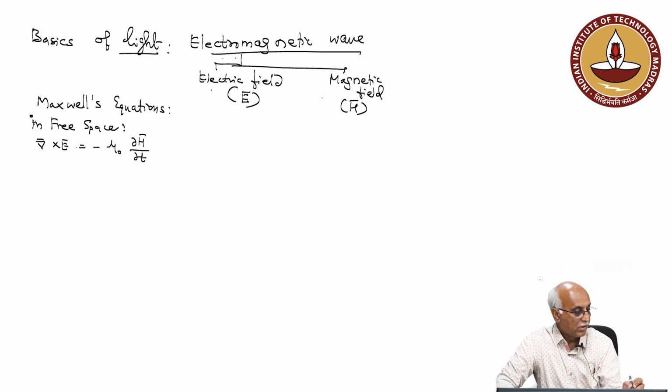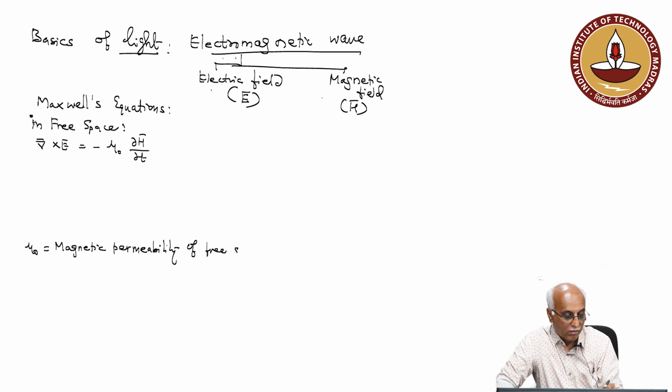So this is how the electric field spatially varies with respect to the temporally varying magnetic field. What is mu 0? Mu 0 is nothing but the magnetic permeability of free space.